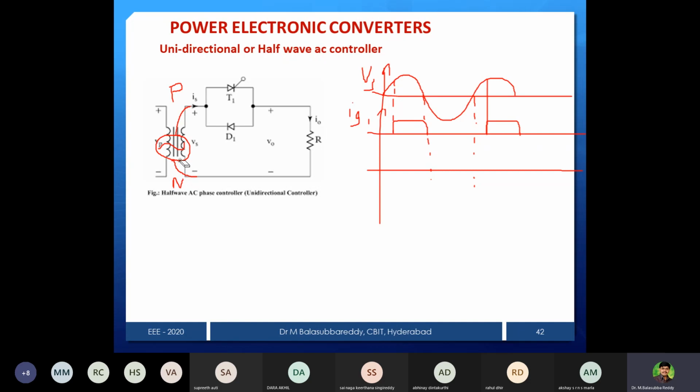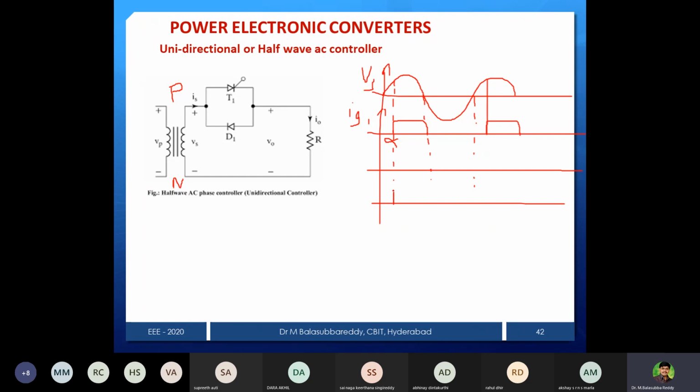Now I want to draw the output voltage waveform. During the positive cycle, it is forward biased at an angle of alpha. Giving the pulse to the thyristor, it starts conducting, and the output is the same as the source. Now we can draw here.